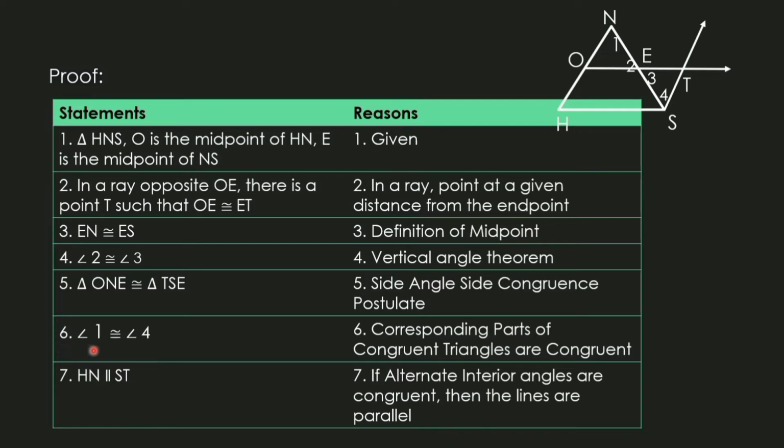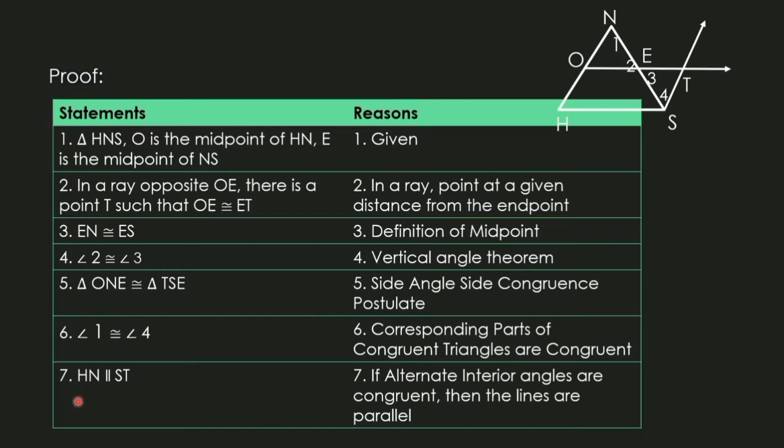Next, angle 1 is congruent to angle 4. Since we had proved that this triangle is congruent to this triangle, hence corresponding parts of congruent triangles are congruent. So angle 1 is also congruent to angle 4. So remember CPCTC. CPCTC, that is corresponding parts of congruent triangles are congruent.